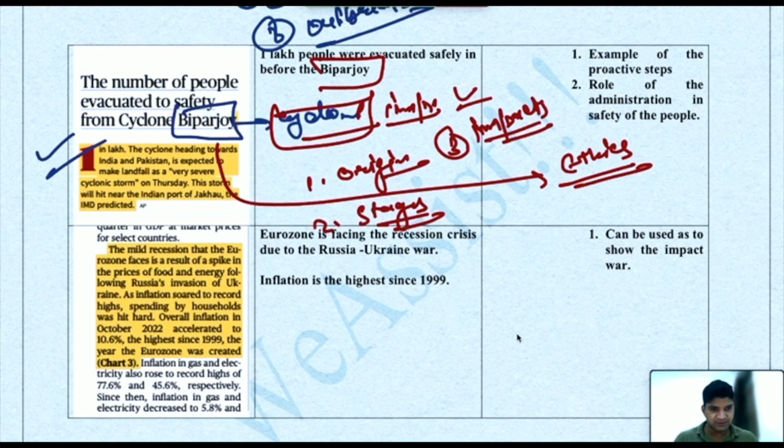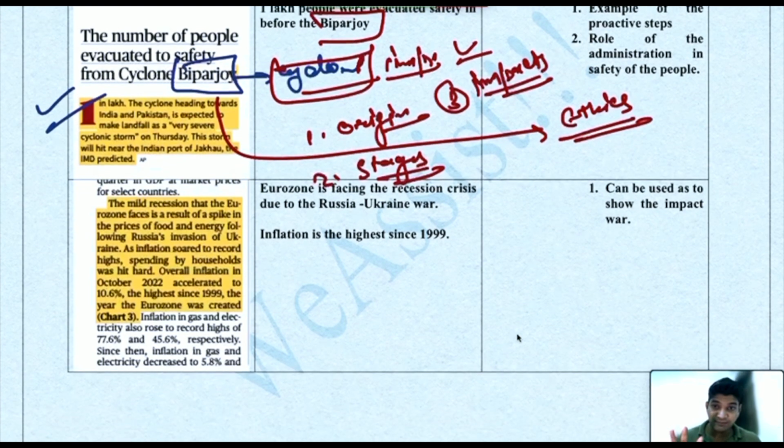So this was used to prevent the loss of lives. So there also it can be used. That's why I am telling you the interconnections. It's up to you how many times you want to use one piece of information interchangeably. You should have limited information and you should know its interchangeable use.